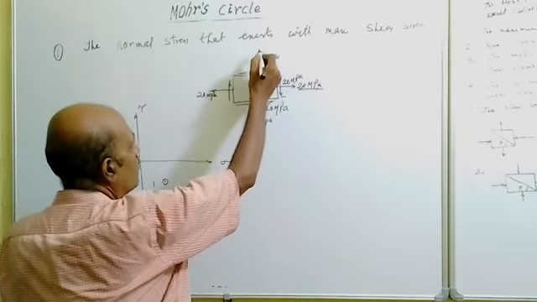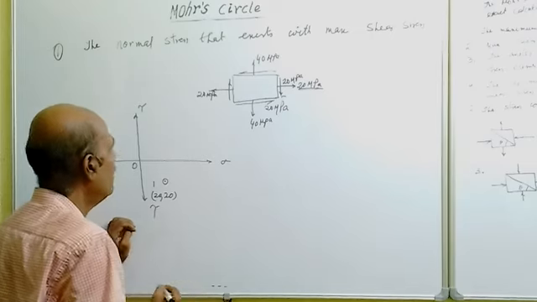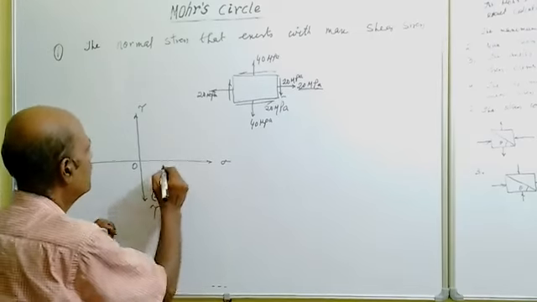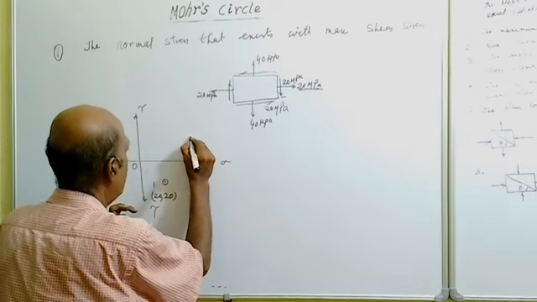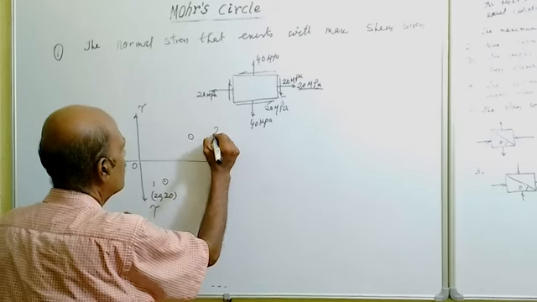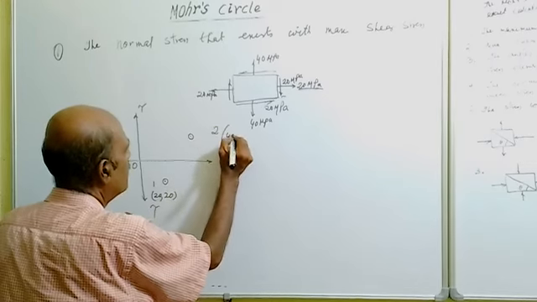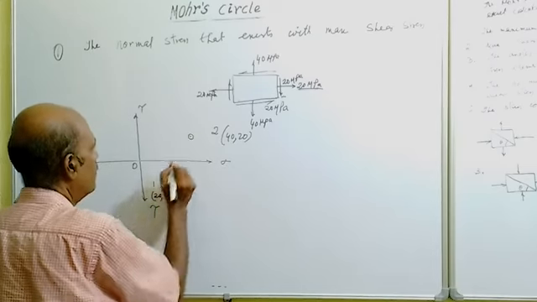Second point, go to the y face, that is 40 positive and 20 also positive. So from here to here it is 40 and 20 positive. So we got the second point, that is 40, 20. Okay, so this is point number 2, this is point number 1.